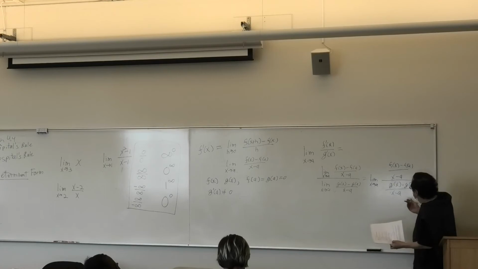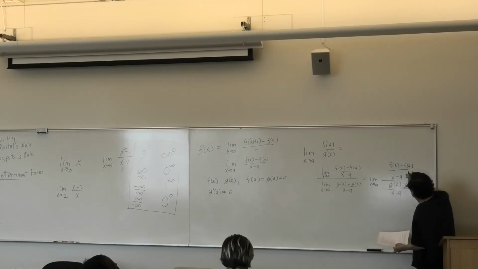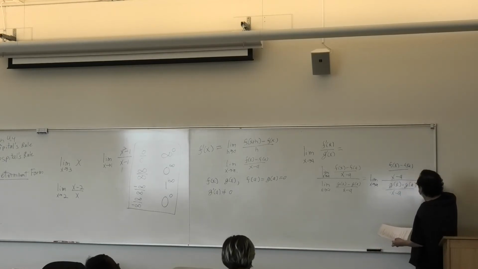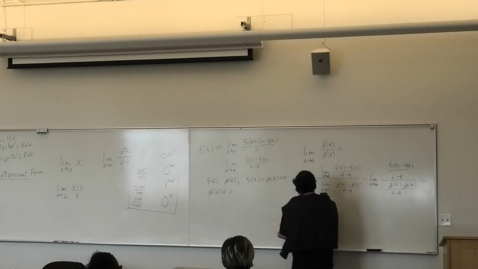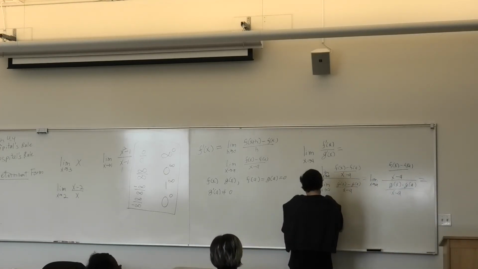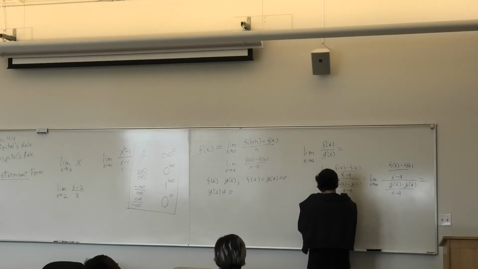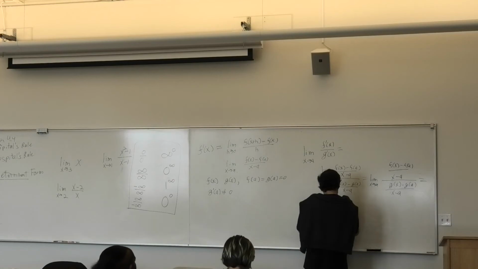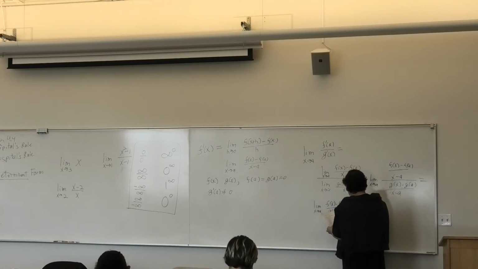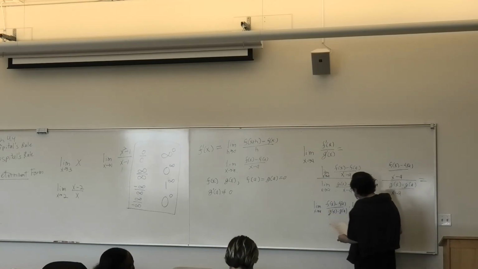And again, applying our limit laws, we can take out these two factors and put them together. And we get the limit as x approaches a of f of x minus f of a over g of x minus g of a, times the limit as x approaches a of x minus a over x minus a.